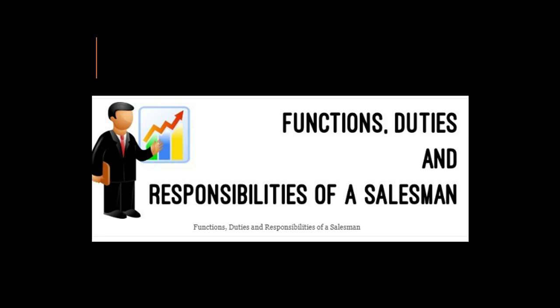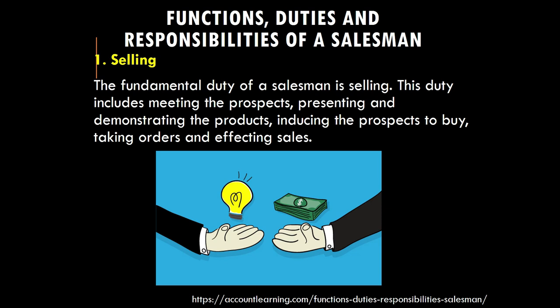So we'll be discussing the different functions, duties, and responsibilities of a salesman. All right. So basically there are different functions, duties, and responsibilities of a salesman, and one duty of a salesman, which is the fundamental duty of a salesman, is of course selling.